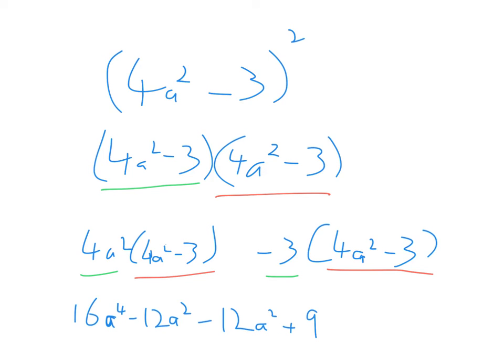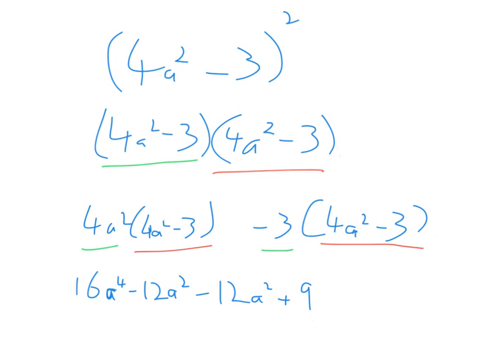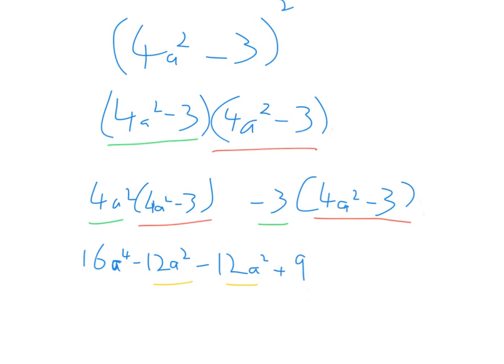In this question now, we found ourselves in a similar situation. We've multiplied all these brackets out, but we still have two like terms that can be added to simplify our answer. So our two like terms are minus 12a squared and minus 12a squared. 16a to the power of 4 stays the same. Minus 12a squared minus 12a squared is going to give us minus 24a squared.